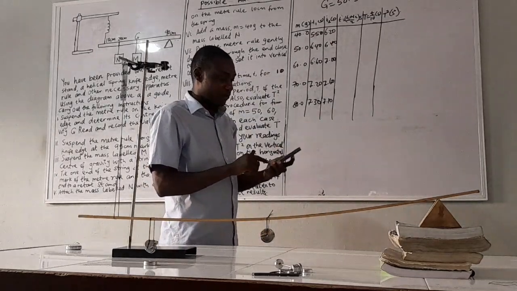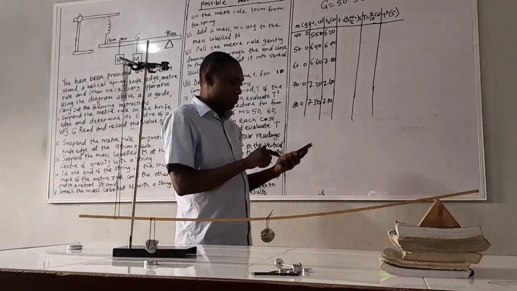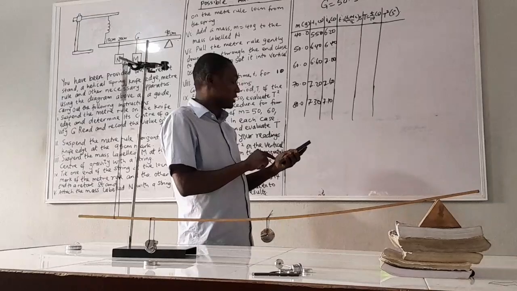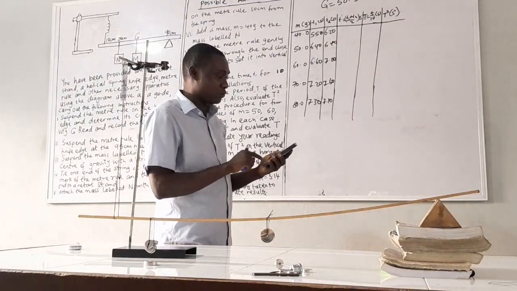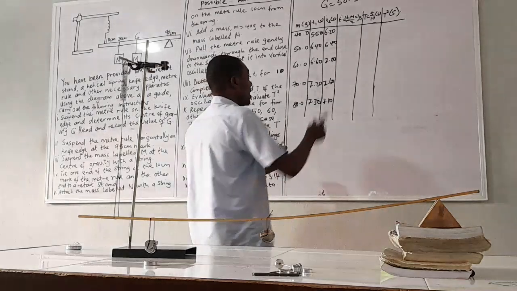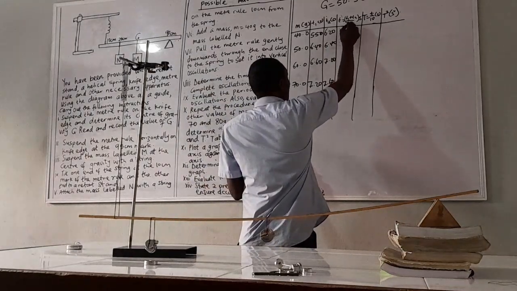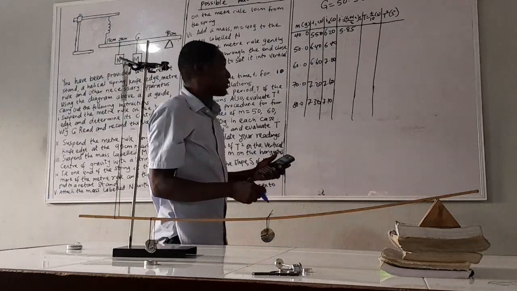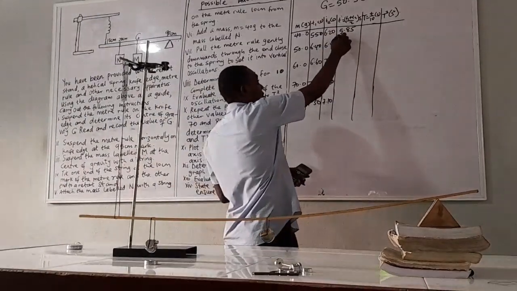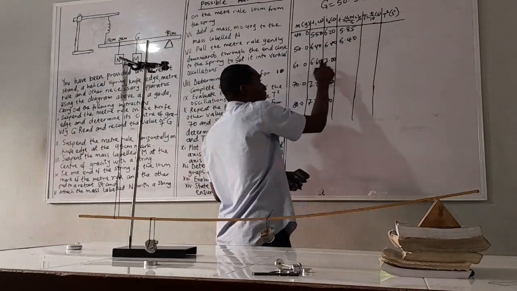So I have 5.50 plus 6.20. That's equal to 11.7 divided by 2. That's 5.85. For this, you have 6.40 plus 6.40 divided by 2 gives us 6.40.